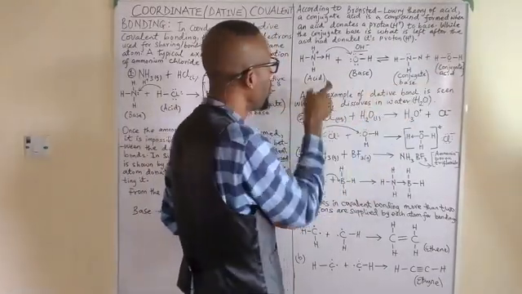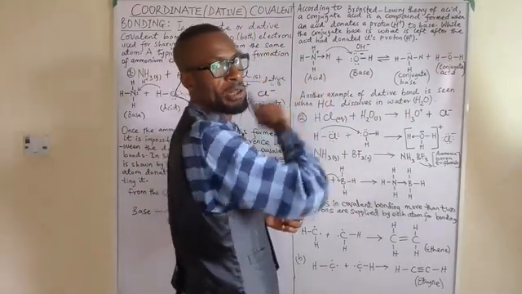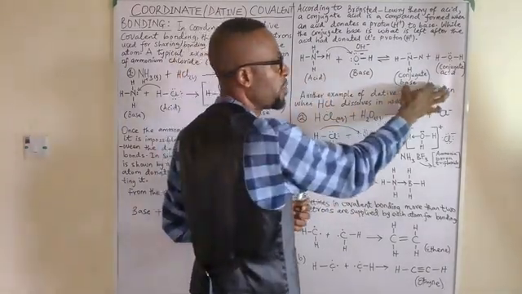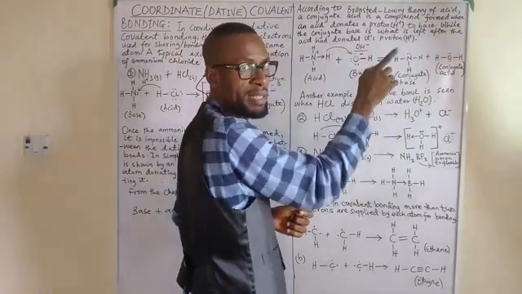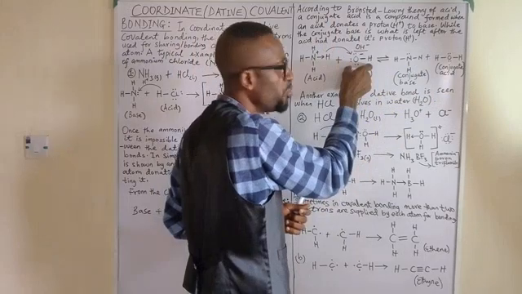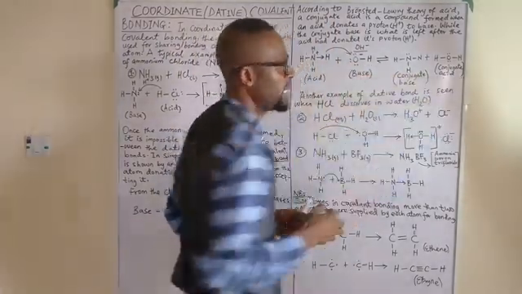So when an acid has been deprotonated, when it has lost its proton, you make a conjugate base. And whichever base accepted that proton from the acid now forms a conjugate acid.